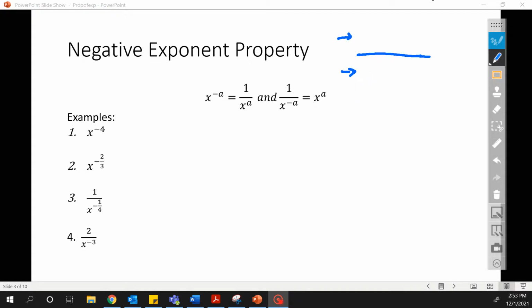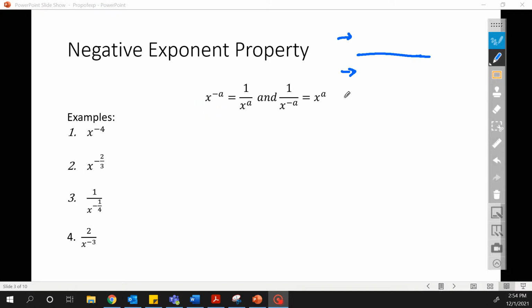Now if you have a base that has a negative exponent, to change that exponent into a positive, you need to move the piece to the denominator. So x to the negative a, that's in the numerator, bring it to the denominator, and you now have x to the positive a. It's no longer negative, it's positive.